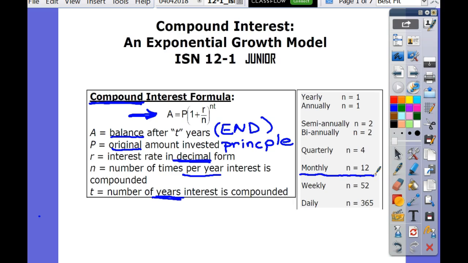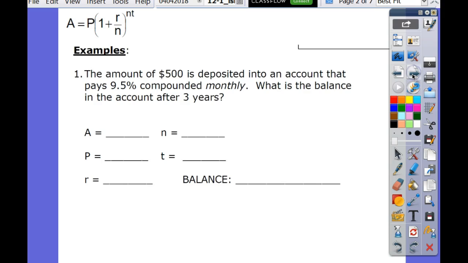My bank compounds the interest monthly. Every month, they put a little bit of money in my account that I have earned for interest. Every month, they give me an interest amount based on how much is in my account. And so let's do example number 1 and figure out how that works.